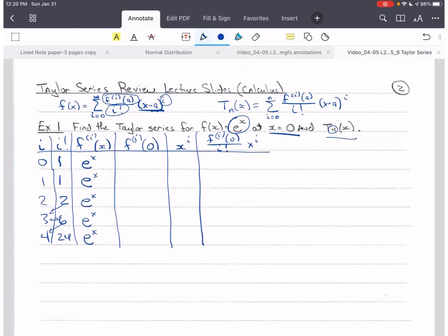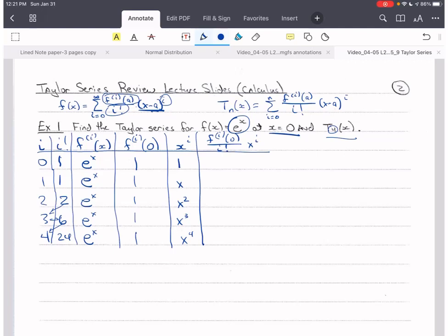It's the same, it repeats over and over again. And the interesting thing is, at 0, e to the 0 is 1 for all of these, so we don't even have to show the derivative in this term. And then we want x to the i. So we're going to have x to the 0, which is 1, x to the 1, which is x, x squared, x cubed, and x to the 4th.